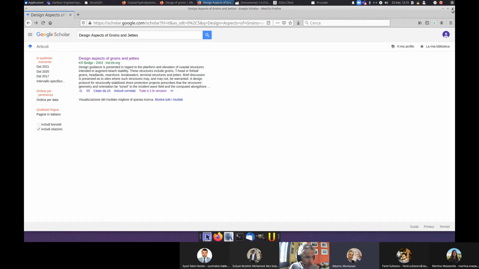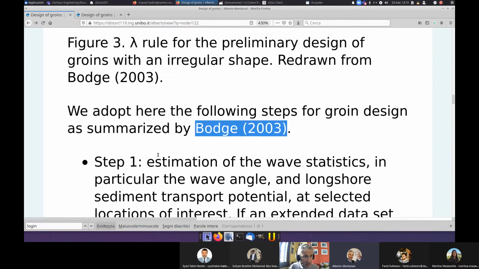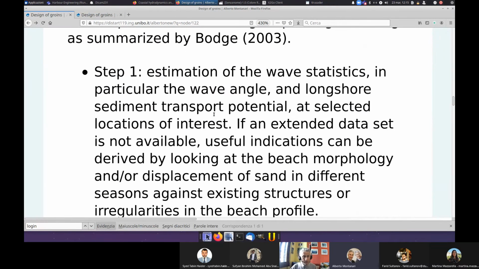Okay, now let's close this and let's go again to our steps. So step 1, which is something that you already know, is estimation of the wave statistics, and we are interested in the wave angle. This is one of our main parameters, and also we are interested in the along-shore sediment transport potential, which means basically all the behaviors of waves, wave height, wave energy.